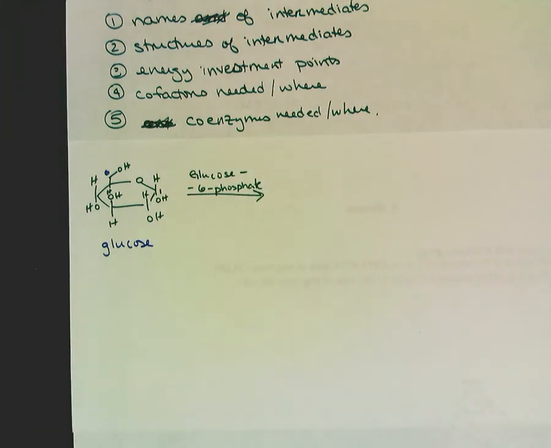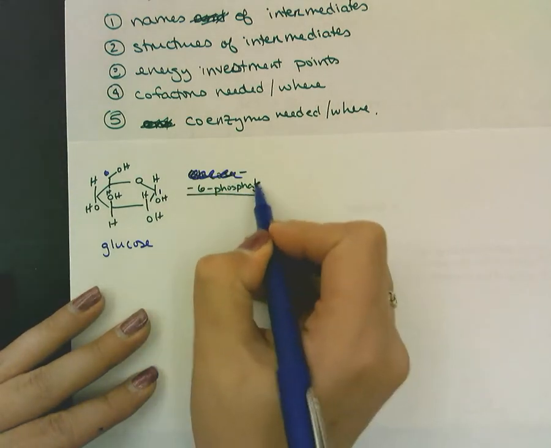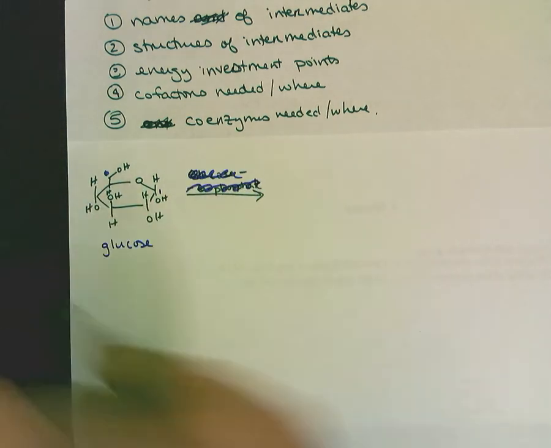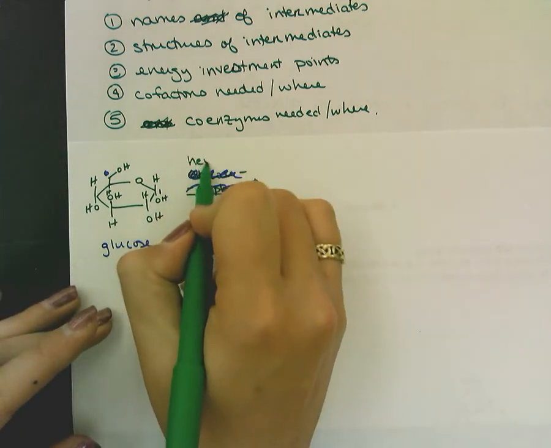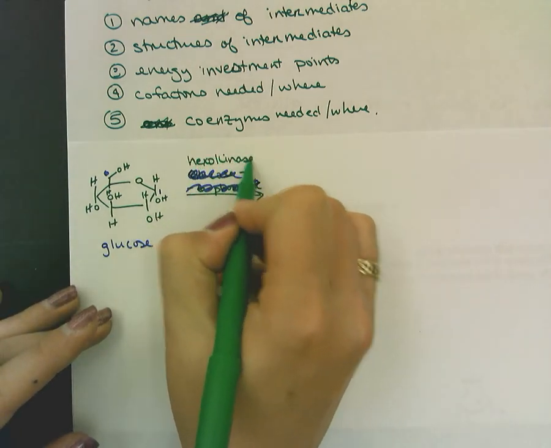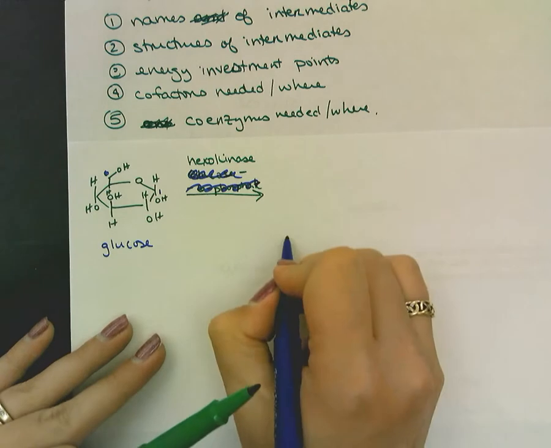Are these the intermediates? That's the starting thing. So this is like using the steps? Yes. All right, so glucose enters glycolysis. Its first enzyme it runs into is hexokinase, to make glucose 6-phosphate. Sorry, I wrote that wrong.